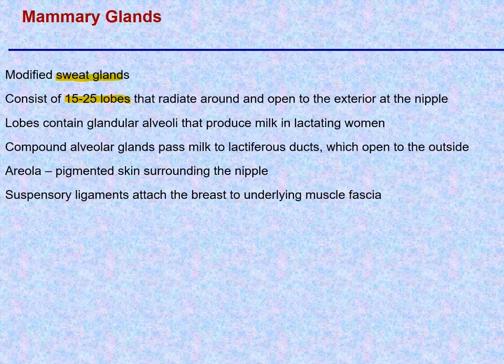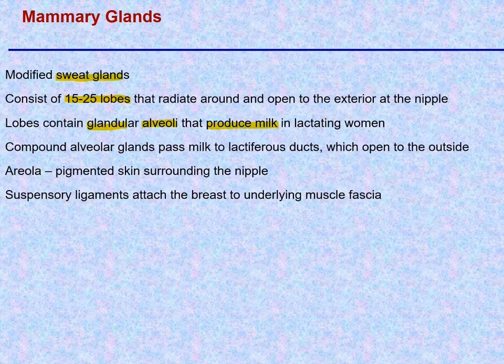It has these alveoli, a grape-like structure of clusters, very small alveolar-shaped clusters of gland tissue. So each lobe has many of these glandular alveoli that can produce milk in a lactating female.